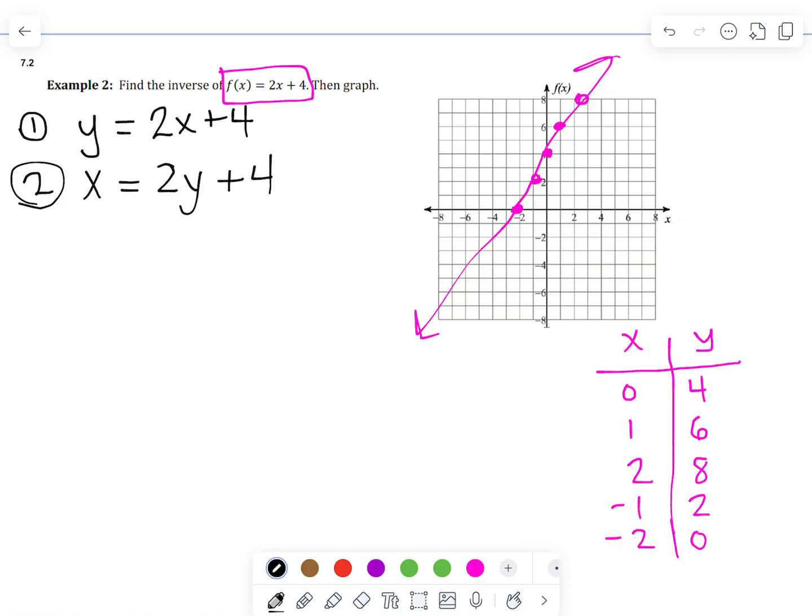Step 3 will always be the longest step. What we do is solve the equation for y. So we want to isolate the y. I'm going to start off by subtracting 4 from both sides. So I'm left with 2y on the left. And then I'm going to divide both sides by 2.